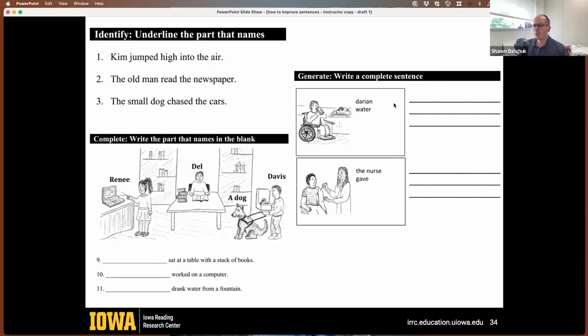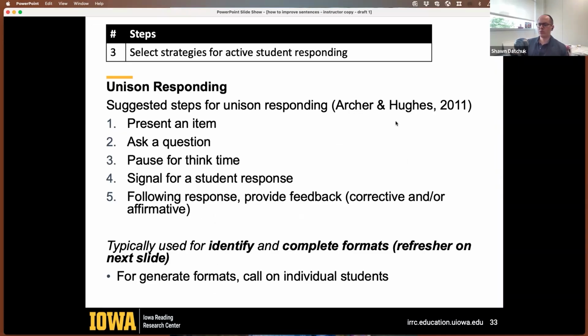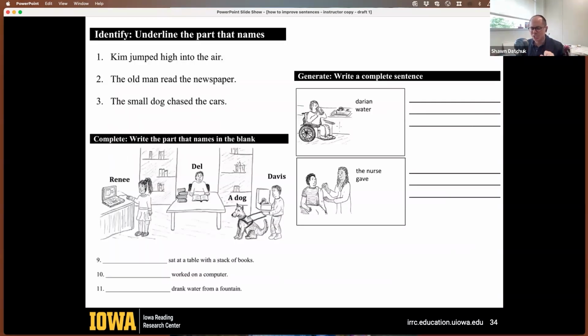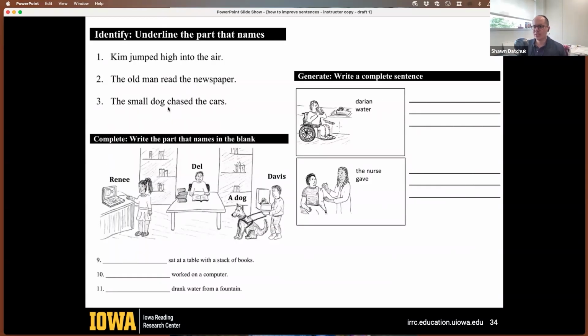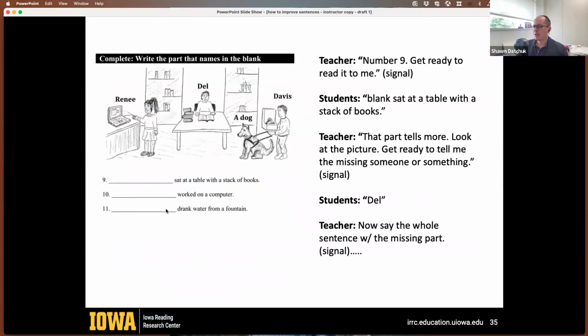When you get to the generate one, this is where it's difficult to have a small group response or a whole group response because the sentence can change slightly. That's where you probably have to call more one-on-one. But at least for these parts, since students will likely have similar, if not the same answer, you can engage in unison responding for identifying complete formats.